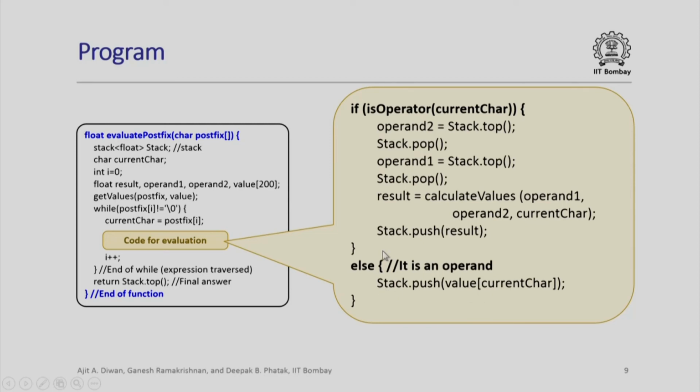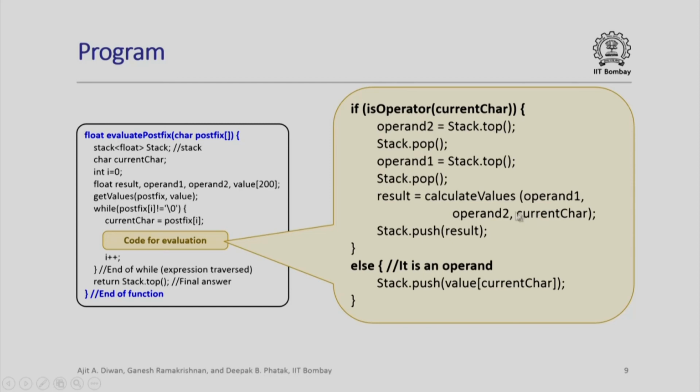Let us look at how the actual operation is evaluated if the character is an operator. What we are supposed to do, you recall from the logic that we had examined earlier, we first take the top of the stack and assign it to operand 2, then we pop that element out. Then we take the top of the stack and assign it to operand 1, we pop that element out. The result is simply calculated by using the calculate values function which we had written earlier, which takes operand 1, operand 2 and the current char, which is the operation.